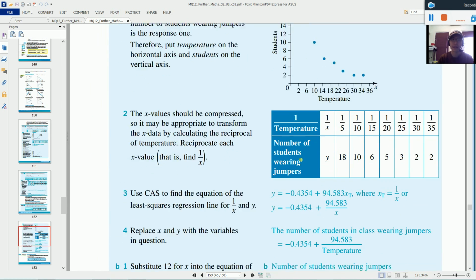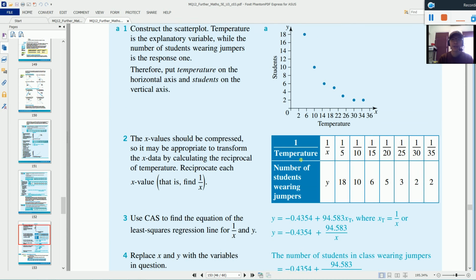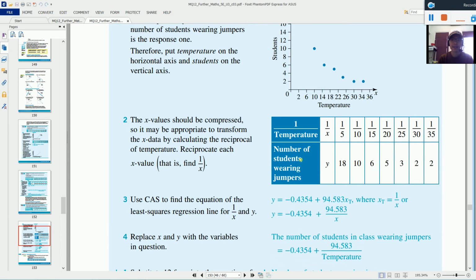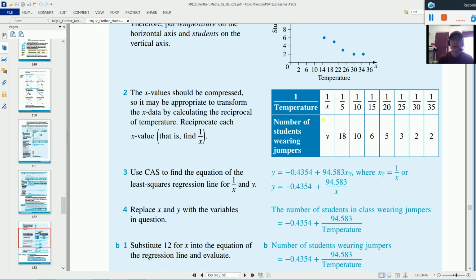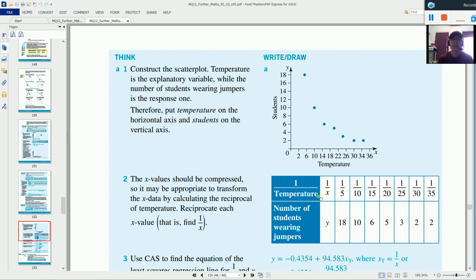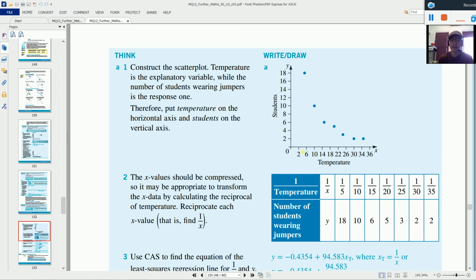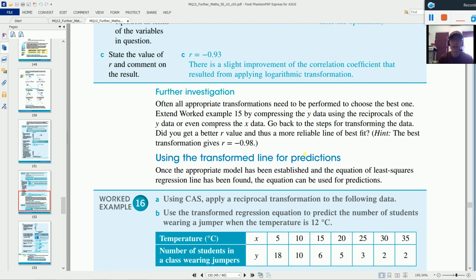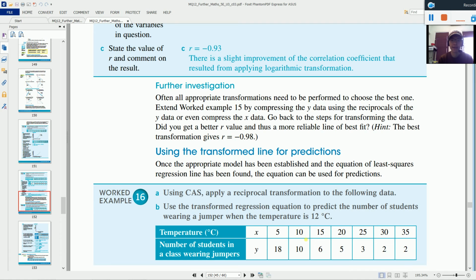The next thing that we do after we have the transformations, let's say this particular example here, the data is temperature. The temperature x values are 5, 10, 15, 20, 25 to 35, and the y values are 18, 10, 6, 5, 3, 2, 2.